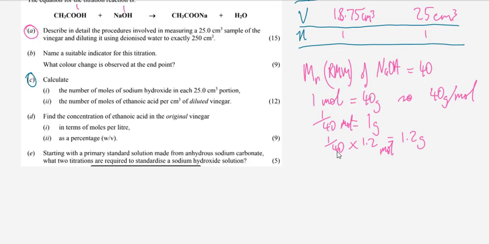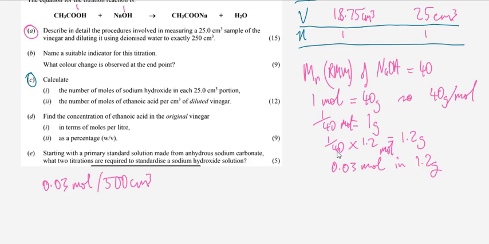So how many moles in 1.2 grams? It's 0.03 moles in 1.2 grams. So there's 0.03 moles in 500 centimeters cubed.